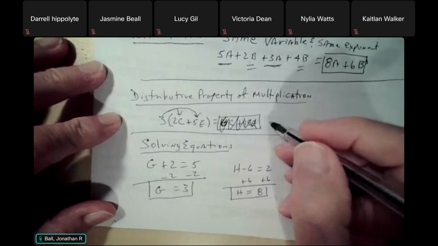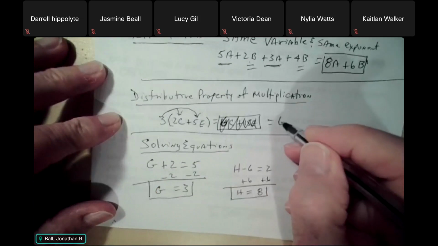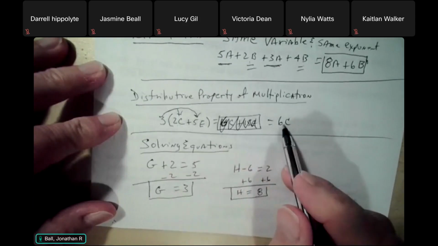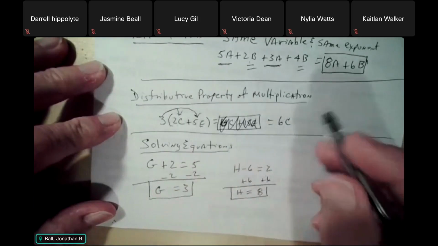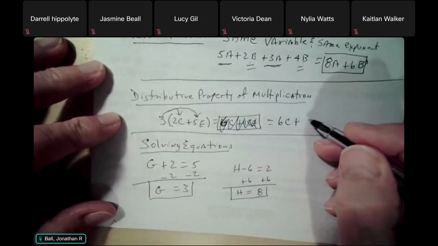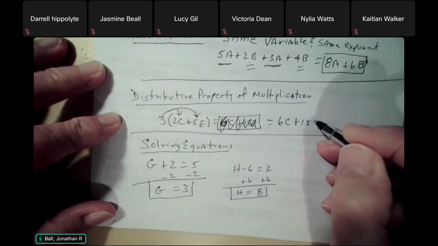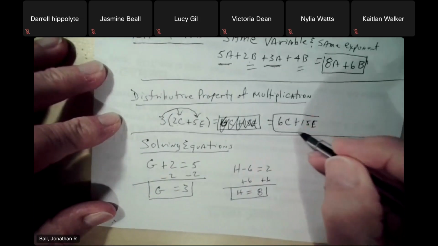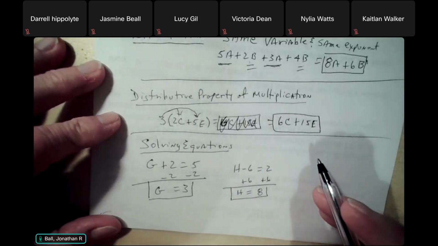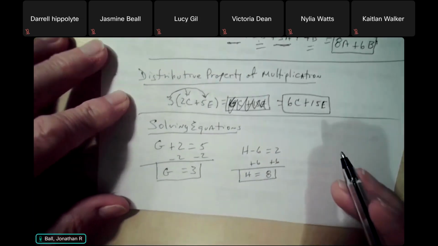I'm sorry, my handwriting's bad enough as it is. 3 times 5e is, what is that, 15e. Okay. This is not going away either. Everybody okay with this? Okay.